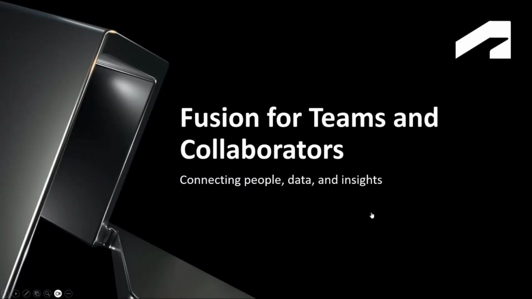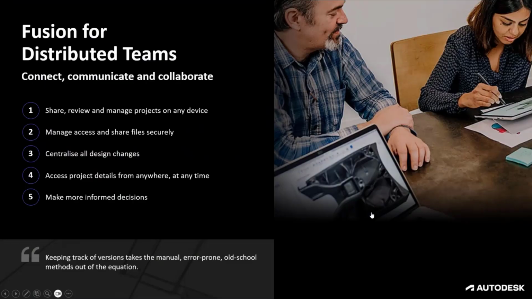Fusion for teams and collaborators. This one is sharing among the team using Fusion. We call it Fusion Team. You can place the data on the cloud, and your colleagues can work anytime, anywhere.